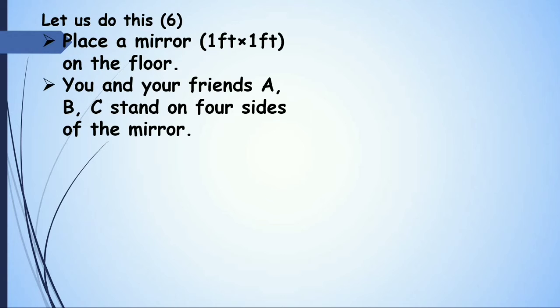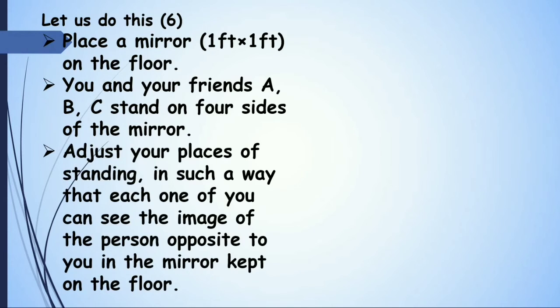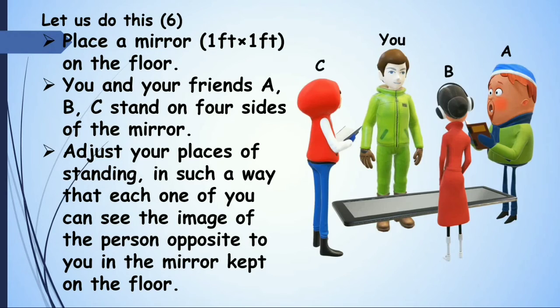Let us do this. Place a mirror 1 foot by 1 foot on the floor. You and your friends A, B, C, a total of 4, stand on the 4 sides of the mirror. Adjust your places in such a way that each one of you can see the image of the person opposite to you in the mirror kept on the floor.